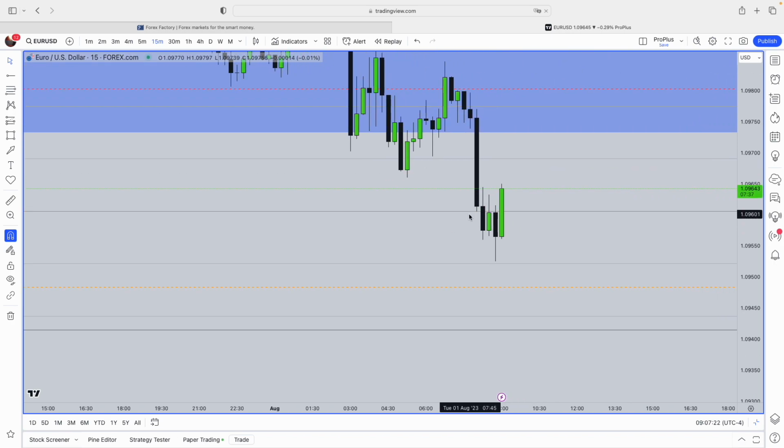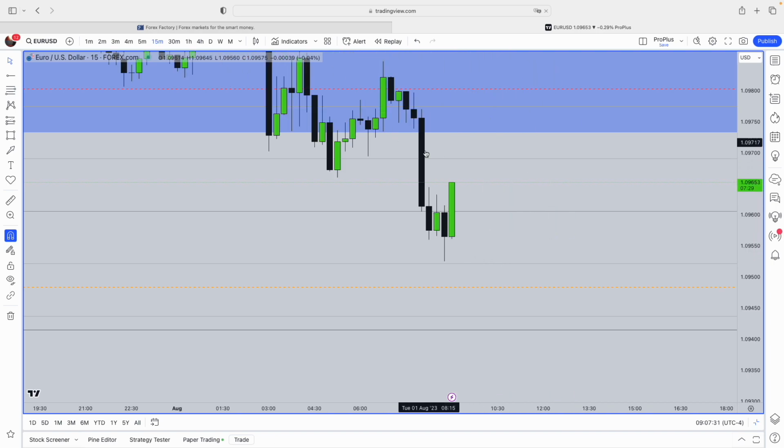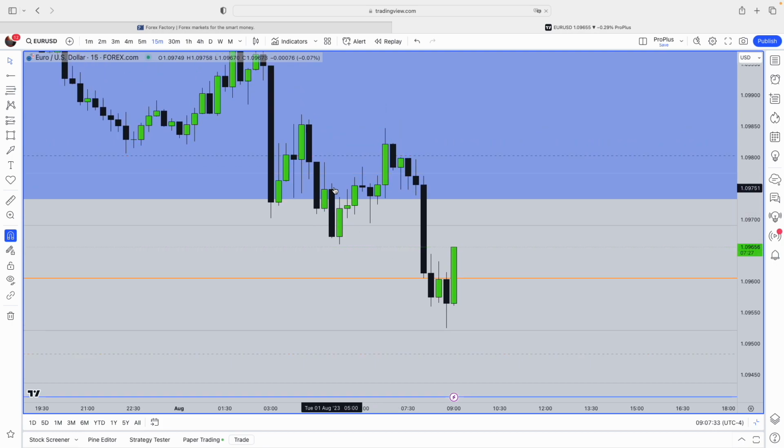So here, pushes up, taps in, pulls up, breaks lower, showing it's respecting it before dropping lower. So this looks like a bearish breaker here. So high, low, high, high. Potentially could be this here, but I don't like the look of that, so I wouldn't class that as a breaker.